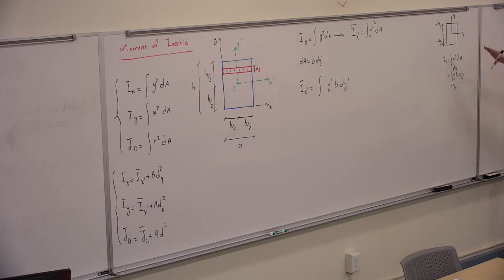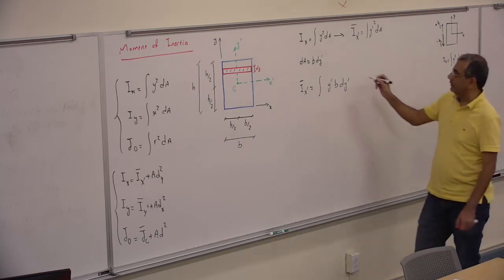Because I just have two axes here, I put the prime there. Don't let that prime confuse you. It's basically what I'm doing. How come the square got taken away from the y? Okay, yeah, I forgot.